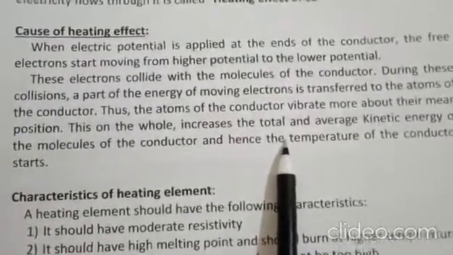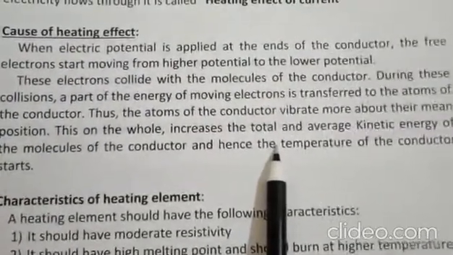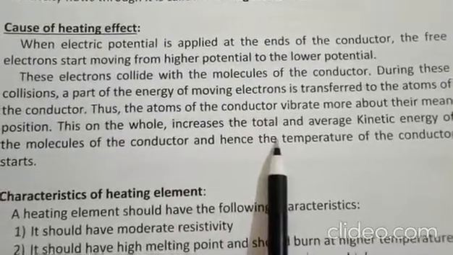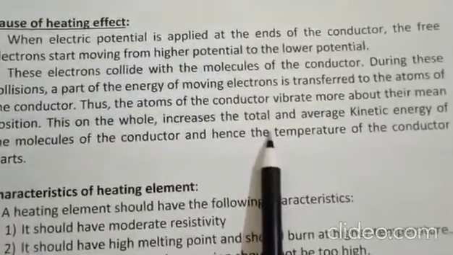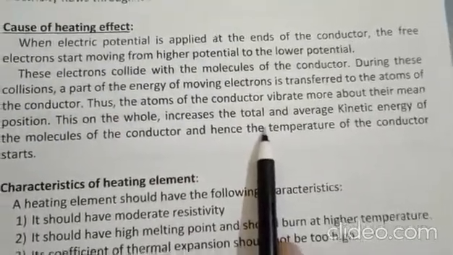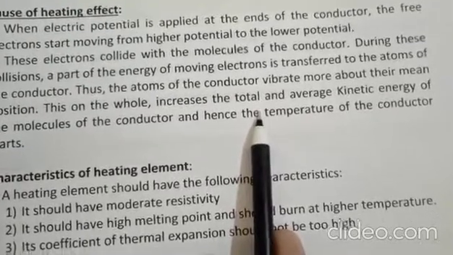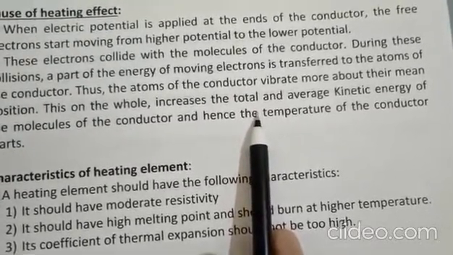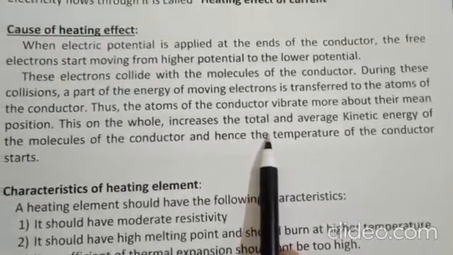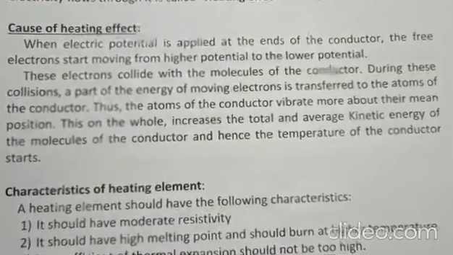So if you want to know the cause of heating effect, the answer is the collision of the free electrons with other electrons, and the change of kinetic energy creates the rise of temperature.